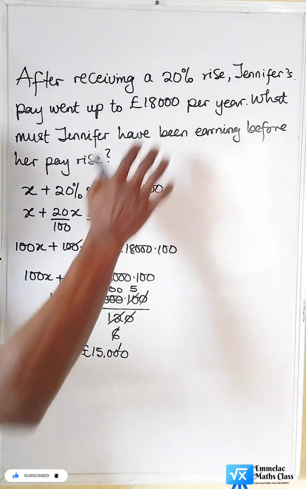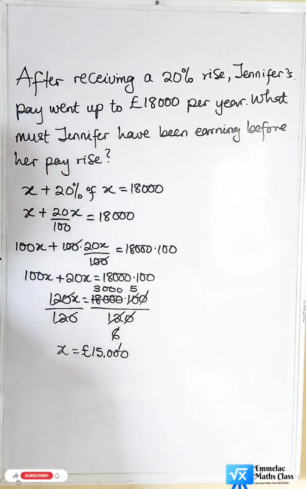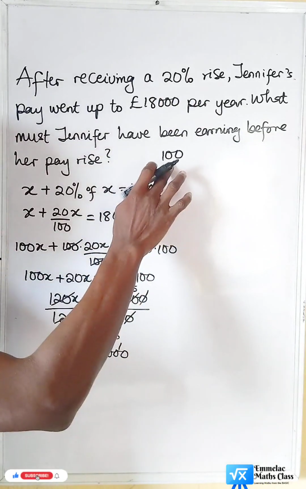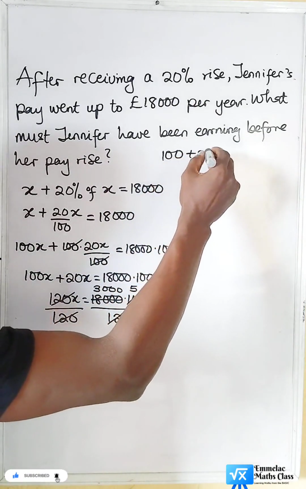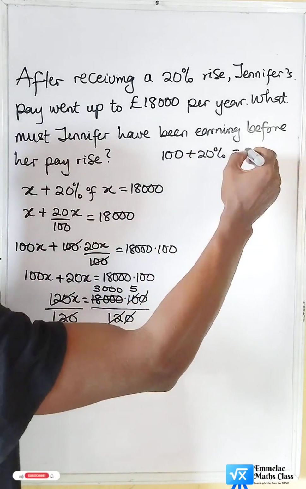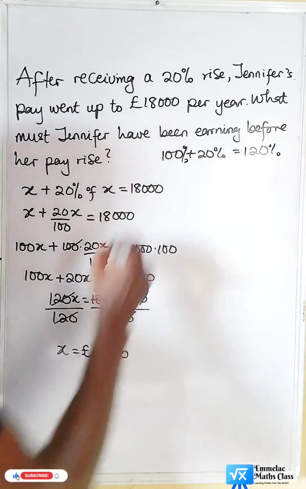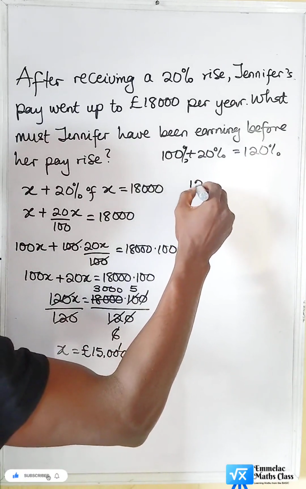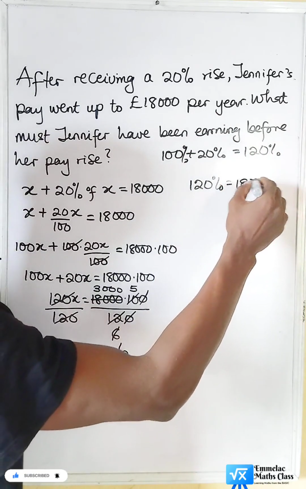Since it's a 20% increase, it implies that 100%, which was the initial, plus the 20% rise, gives us 120%. Take note of this one. So you can put it this way: 120% equals 18,000.